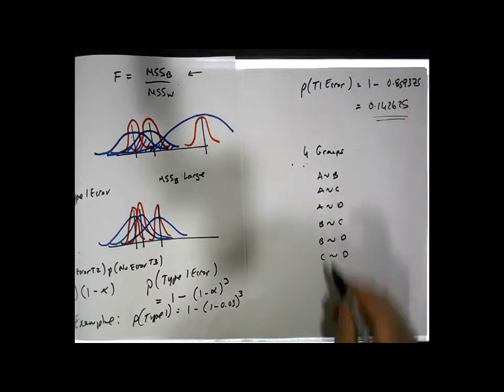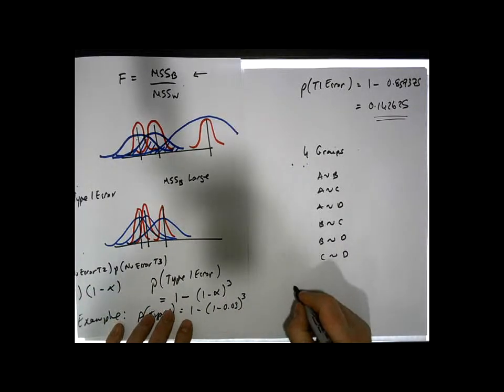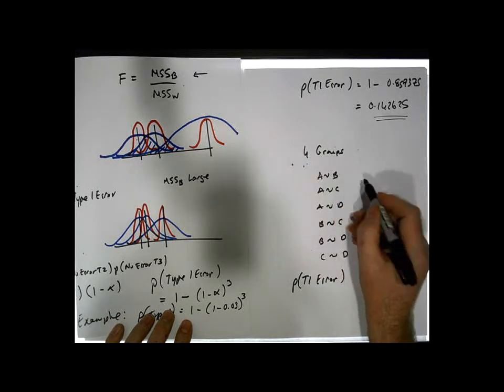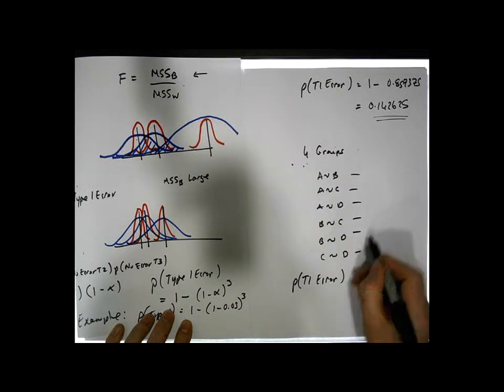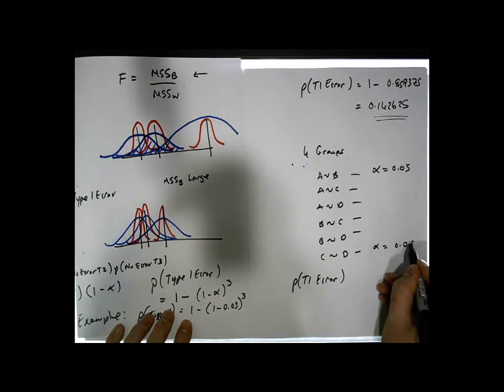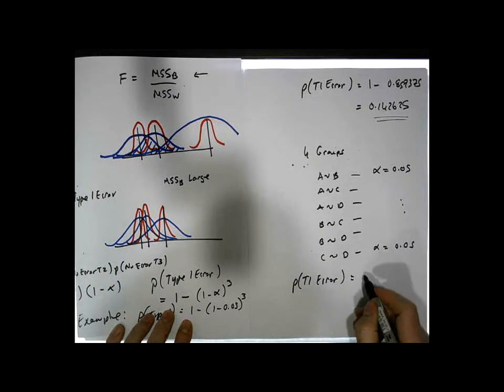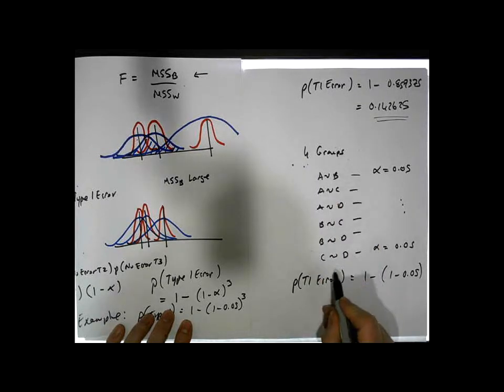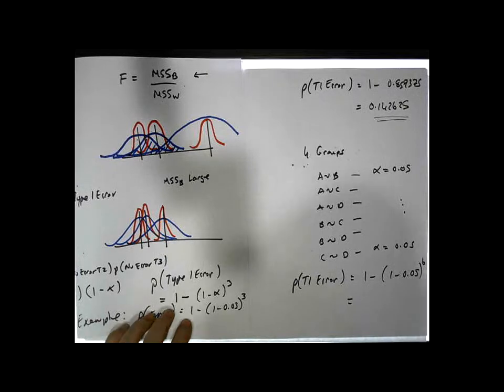So the error rate now explodes. The probability of a T1 error, when there are 4 groups and you did all individual t-tests with alpha equal to 0.05 for them all, becomes 1 minus 0.05 raised to the power of, in this case, 6 comparisons.